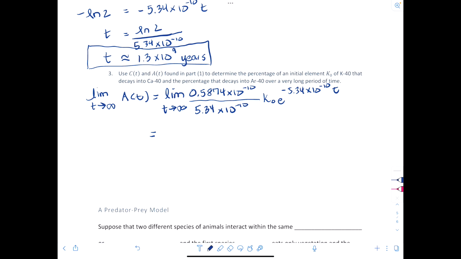And then if we get the ratio of these two scientific notation terms, we end up with 0.11 times K0. So the percentage of K0 that decays into calcium 40 is 11%.